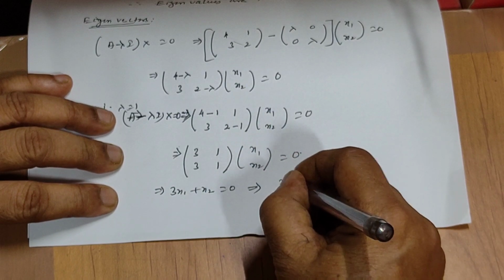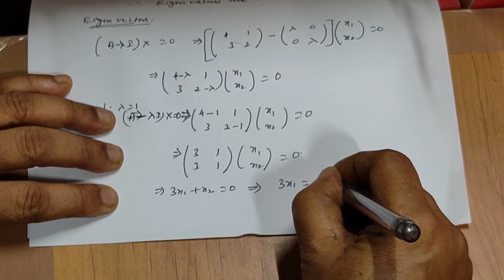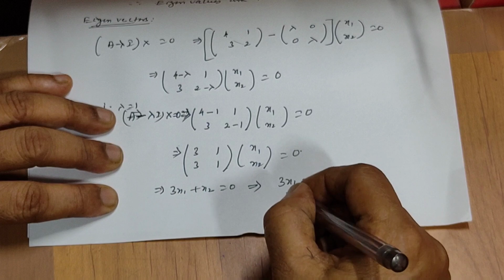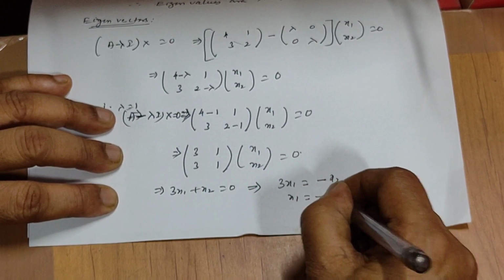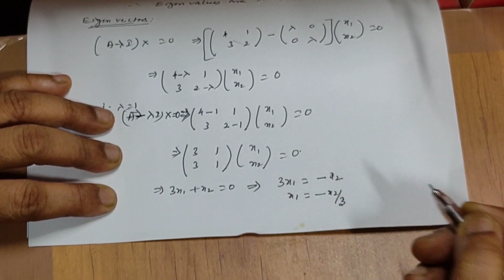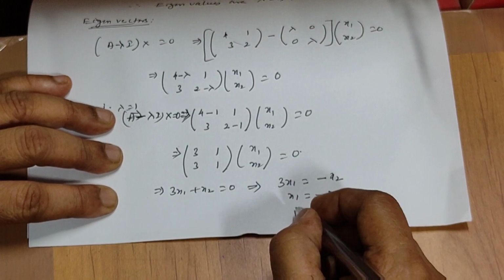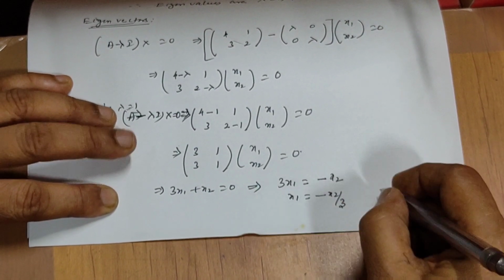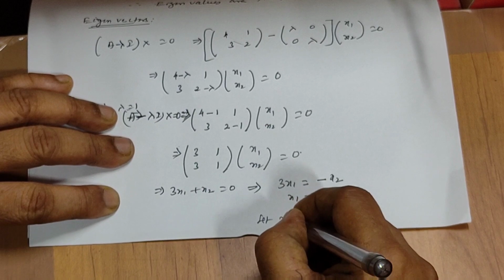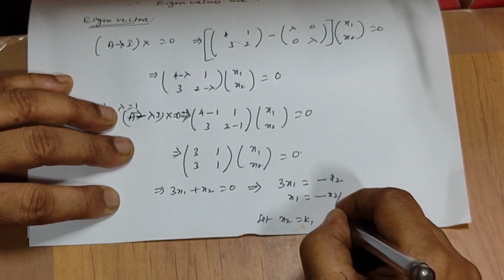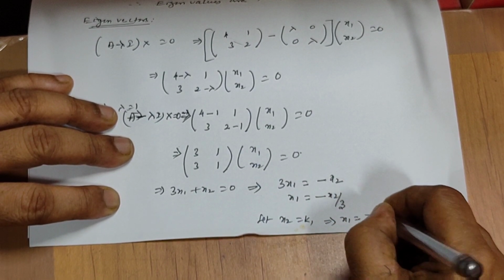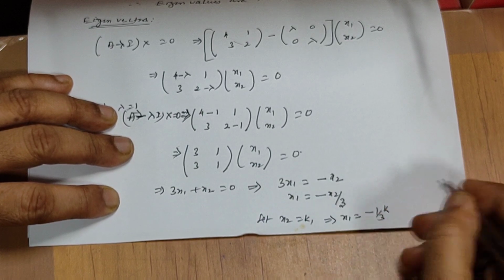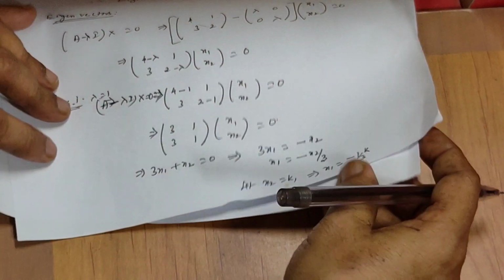So from this I can get 3x1 is equal to minus x2, and x1 is equal to minus x2 by 3. Let us take x2 as some constant k, then this implies x1 is equal to minus 1 by 3 of k.